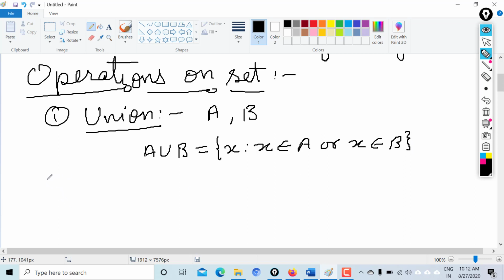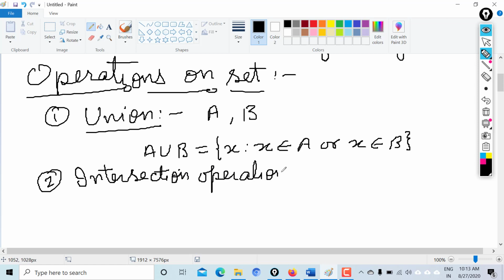The second operation is the intersection operation. These are the important operations. In this case also, suppose A and B are two sets, and the intersection operation is represented by this kind of sign.